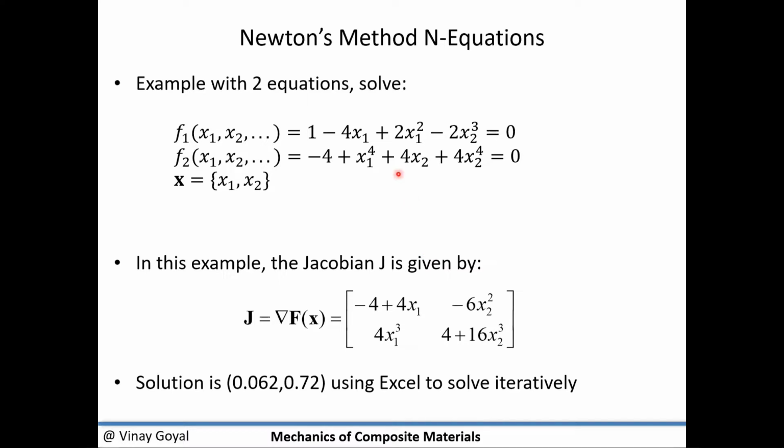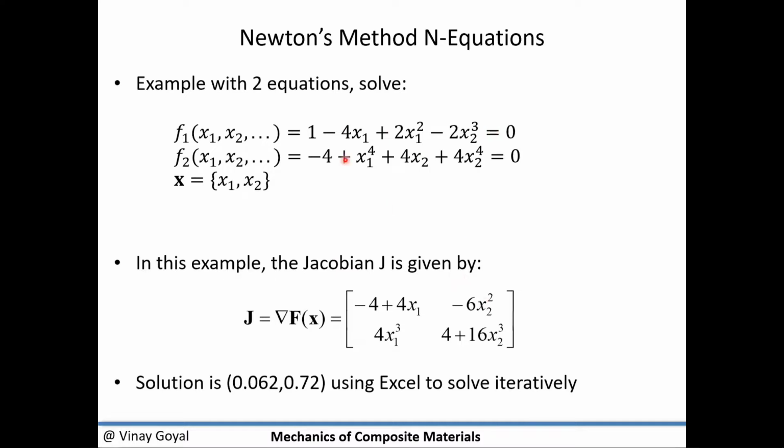Here we have two equations, and we want to solve these equations for x1 and x2. This is a very nonlinear problem. In this example, the Jacobian can be found fairly readily as the derivative of f1 with respect to x1. That gives me 4 and 4 x1. There you go. And then the derivative of f1 with respect to x2 gives me minus 6 x2 squared.